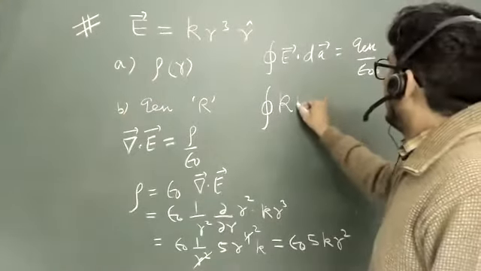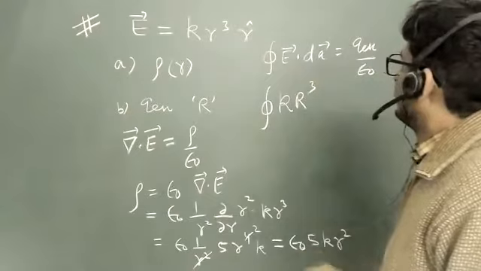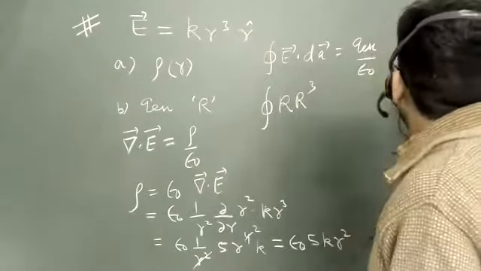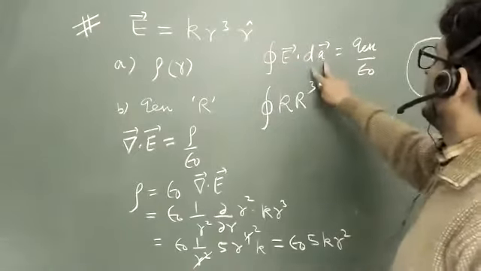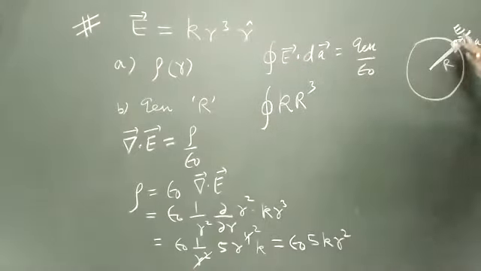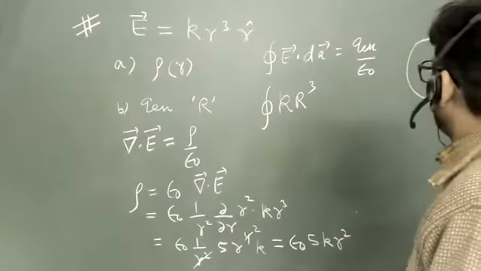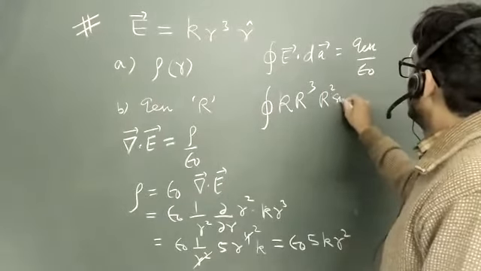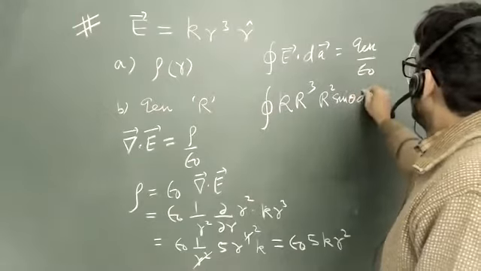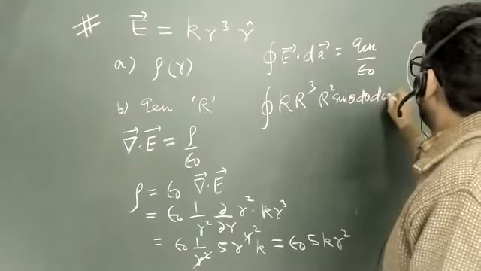K R cube. And the dot product with dA will be in the same direction, so that will become a unit vector. What will be dA, the small patch on the surface? It will be R square sine theta d theta d phi.